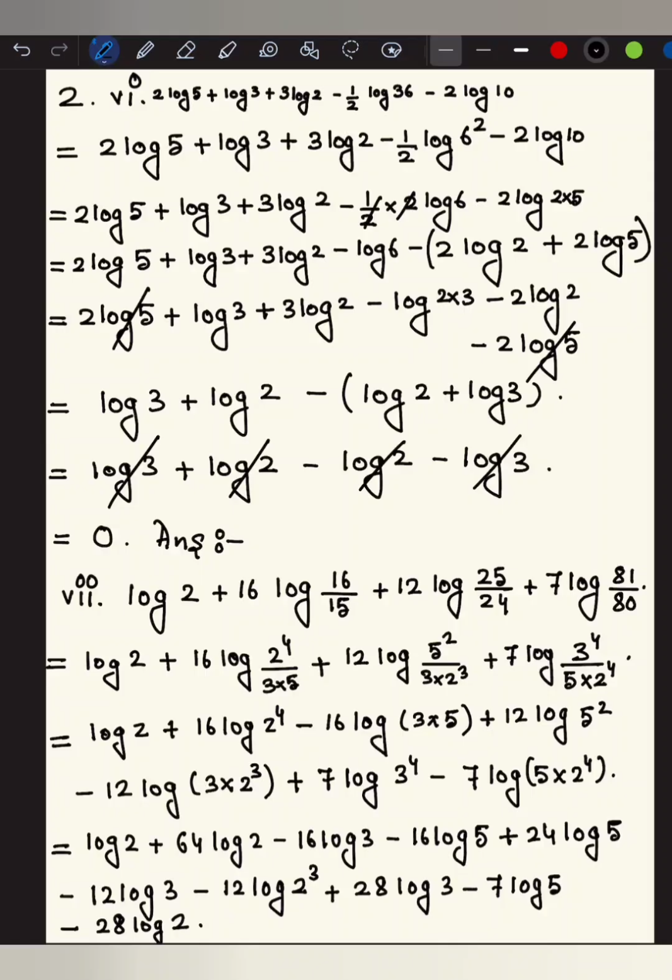So that is what we did. 36 means 6 square. And minus 2 log 10 I have written as it is. So this equals 2 log 5 plus log 3 plus 3 log 2. I have kept everything the same except this log 6 whole square.